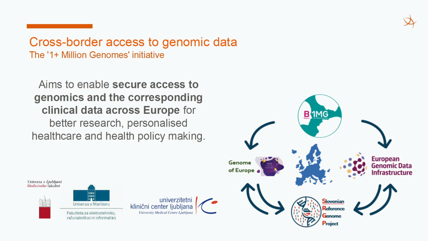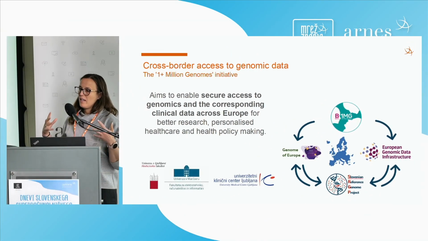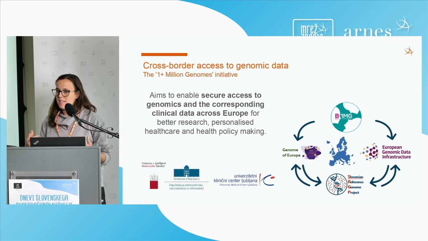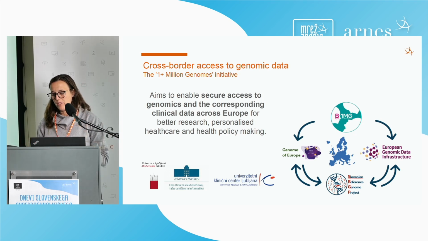And then we will go up to 2% of the Slovene population. This is part of the larger Genome of Europe project. And to analyze and share all this data, we are part of the European Genomic Data Infrastructure project. This is all under the umbrella of the 1+MG initiative.